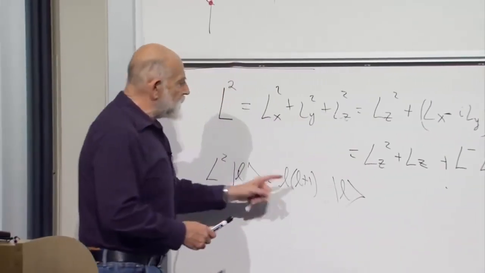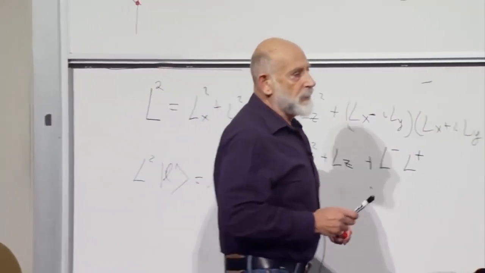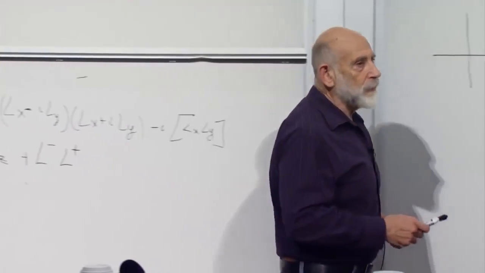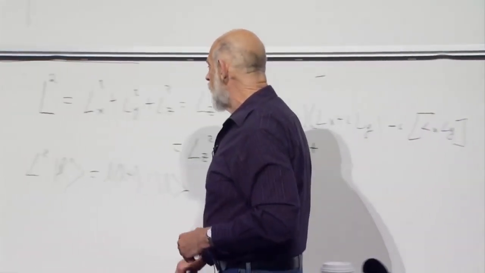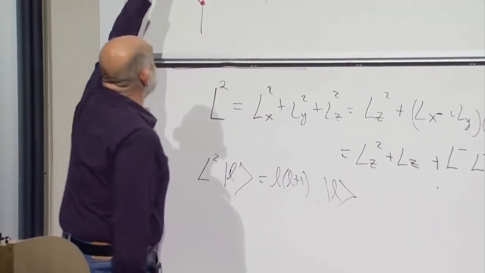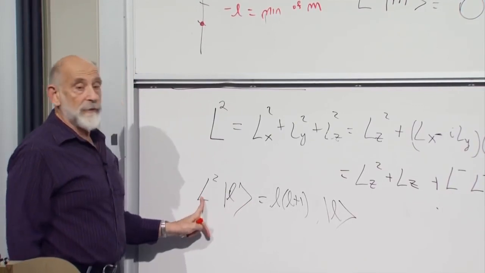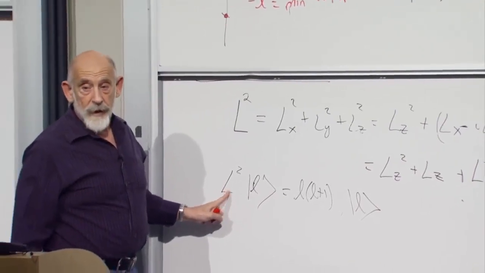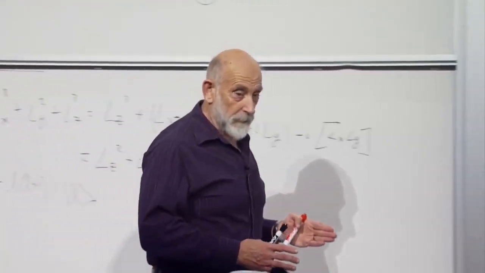Okay, so we find a little surprise. It's not just L squared, it's L times L plus 1. But then there's another surprise, and this is a nice little exercise for you to do yourself. It's very easy, but I'll let you work it out yourself. Every one of these states in this same multiplet has exactly the same value of L squared. They all have the same magnitude for the square of the angular momentum.